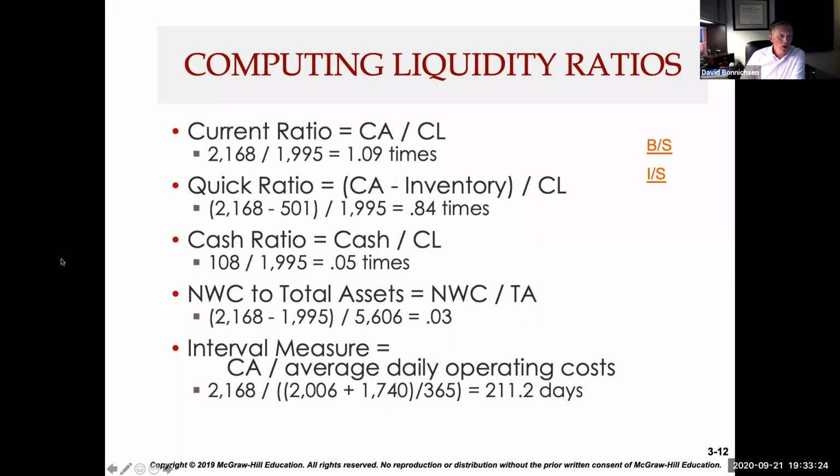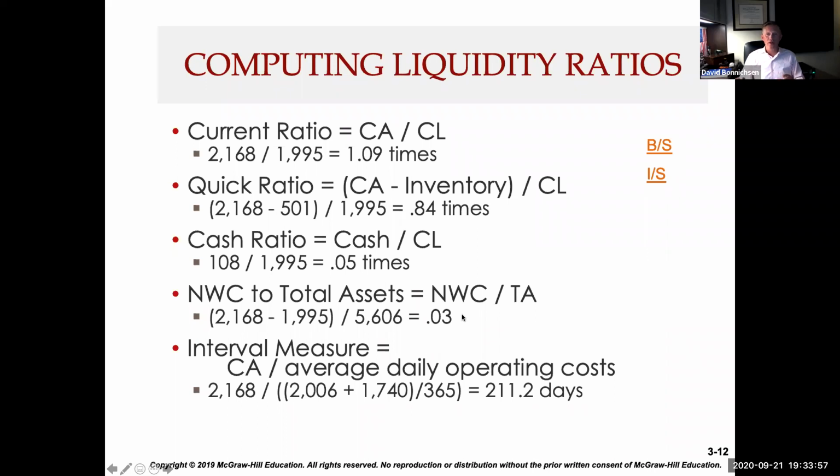Okay. All right. So when we think about net working capital to total assets, right? What amount of assets are required to run the day-to-day operations of the company? Essentially, the extent of the assets that are tied up in keeping the company running on a daily basis. Only 3%, okay?